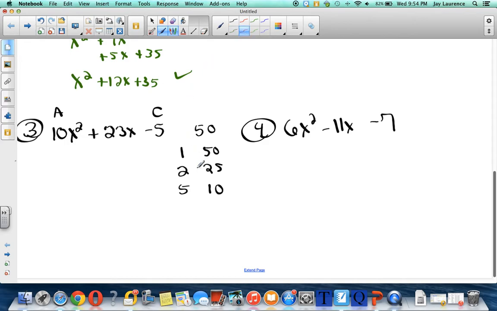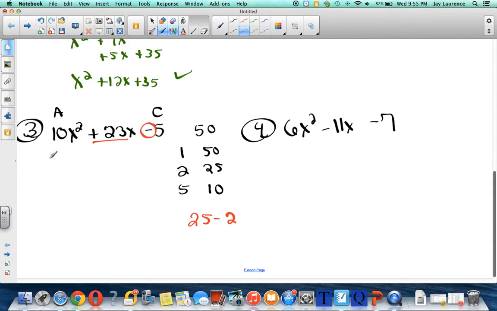Okay, so I need 2 of these factors of 50 that are going to subtract to get positive 23. So could I do 50 minus 1? Well, I could, but it won't equal 23. How about 5 minus 10? That's not 23. How about 25 minus 2? Oh, 25 minus 2. Yeah, that's the ticket right there.